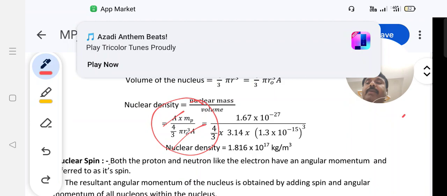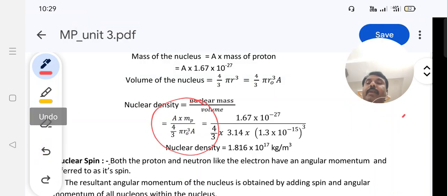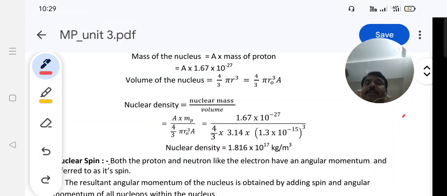If we substitute the values of all these things, we get the value of nuclear density as 1.816 into 10 power 17 kg per meter cube, which is a constant value.